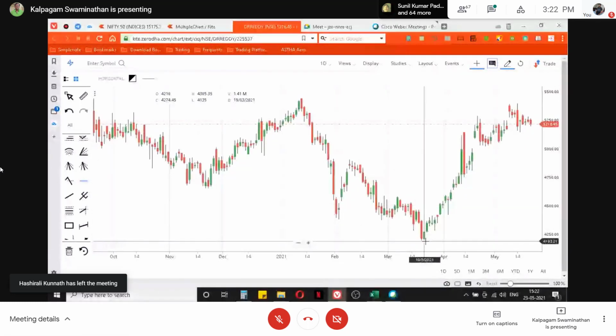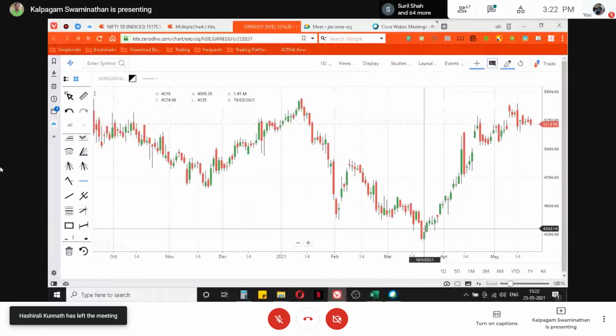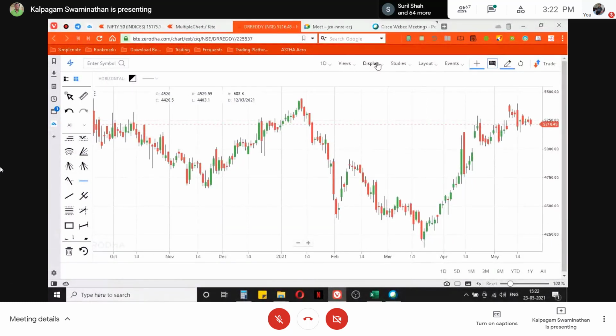So you just buy and hold until you get thrown out of the trade. What you do is you place your stop loss below the low of each candle until the market throws you out of the trade. Then you look for another opportunity to enter the trade again.